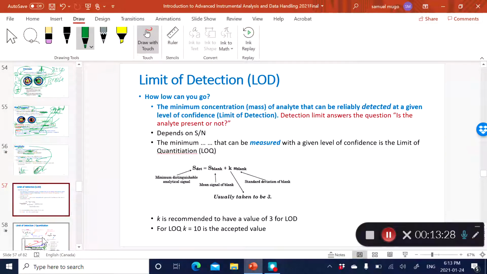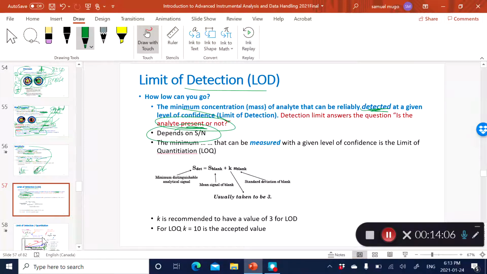Another figure of merit is what you refer to as the limit of detection, or the LOD, which refers to how low I can go in determining the concentration of the analyte, in terms of how low the instrument can actually detect. Essentially, the limit of detection is trying to answer the question: is the analyte present or not, and can the instrument tell me? The limit of detection is dependent on the signal to noise.